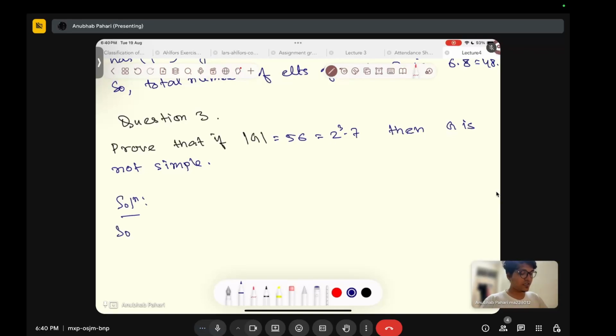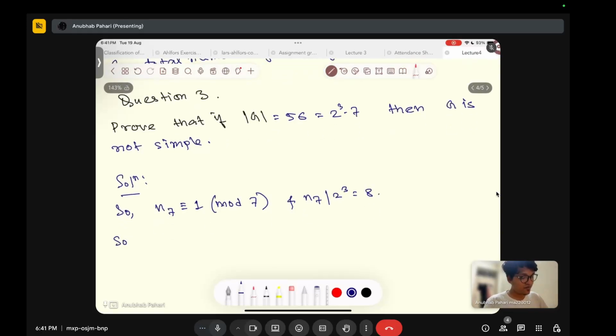So n7 is congruent to 1 mod 7, and n7 divides 2 cubed, that is 8.